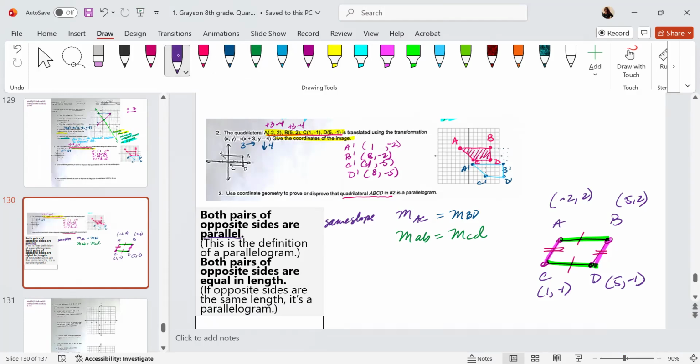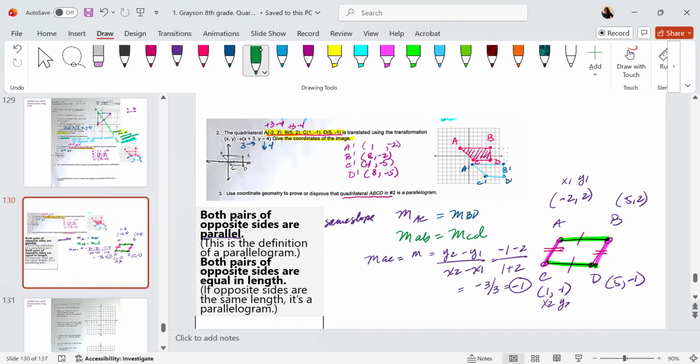I'll find AC, you find BD, okay? Let me know when you find the slope.